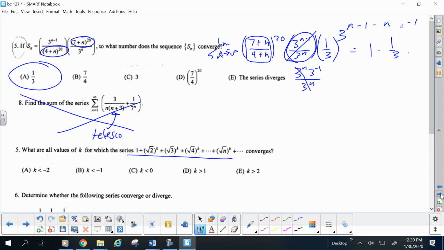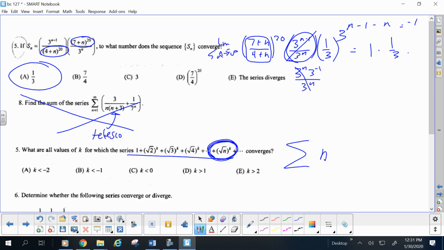Is it okay to look at expanded form, or would you prefer to write this in series summation form? If you do that, what is it? Square root of n to the k. Doesn't this give you the general form right there?